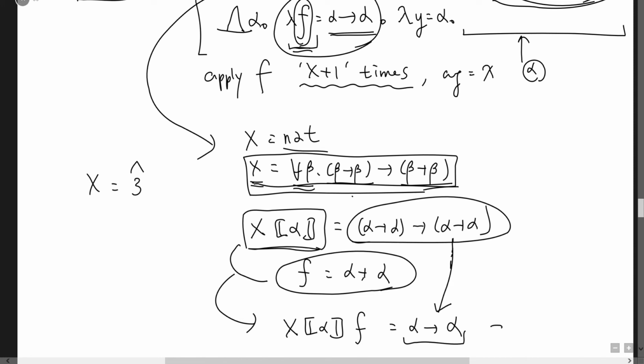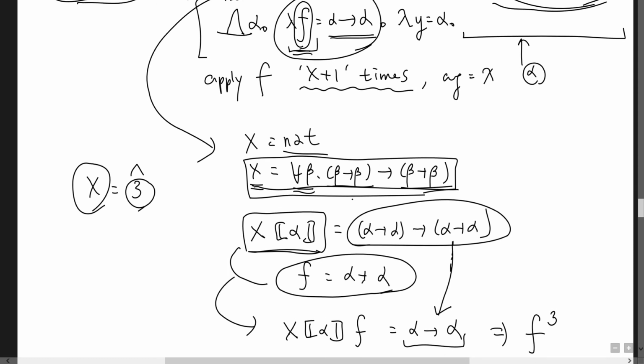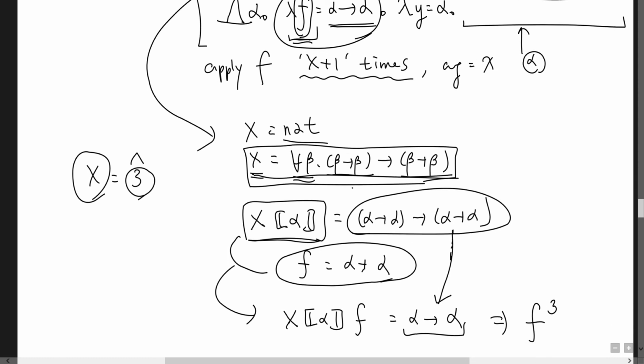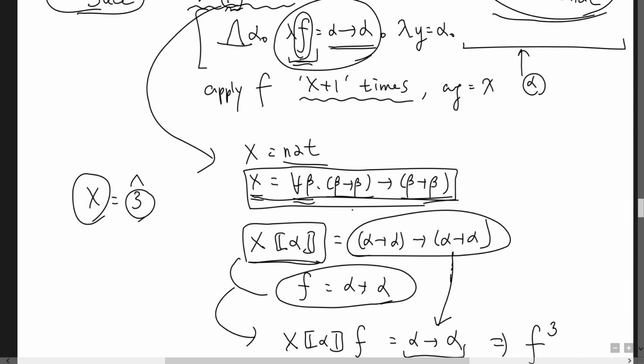So this one comes from here. And this is perhaps the f composed, for instance, 3 times, if x is encoding Church number 3. So we have x alpha f.